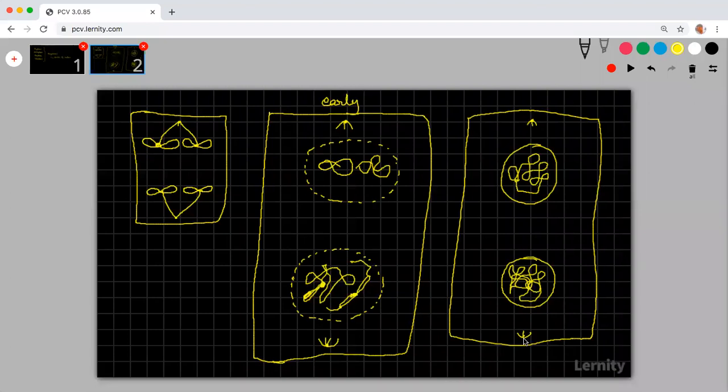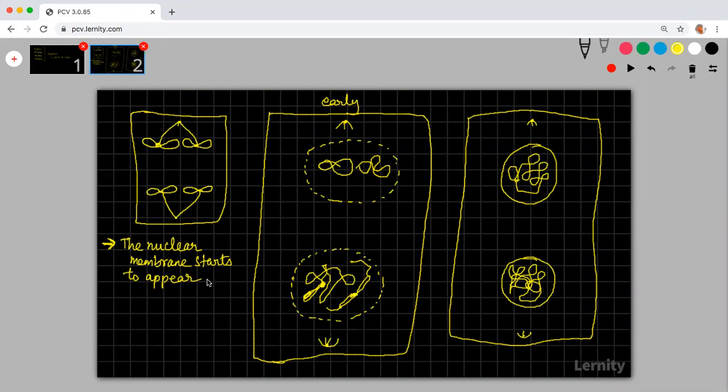Now tell me, what changes are you observing here? Yeah, first thing, you are able to see that the nuclear membrane starts to appear.